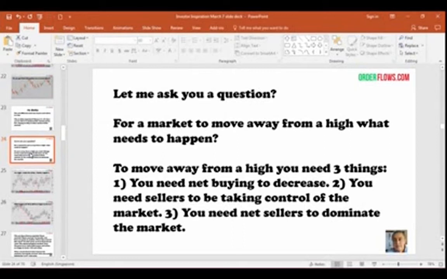That's natural. Then, the second thing is, obviously, you need sellers. You need sellers taking control of the market, sellers that have a lot of inventory that they want to unload and sell to the buyers. And the most important thing is you need sellers to dominate the market. You don't want buyers matched up evenly. You want sellers to be in control.